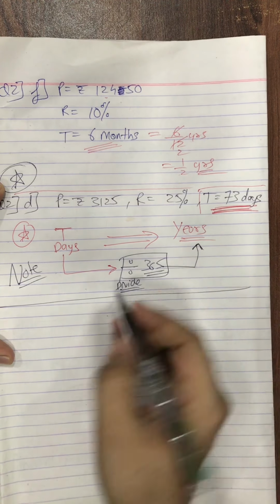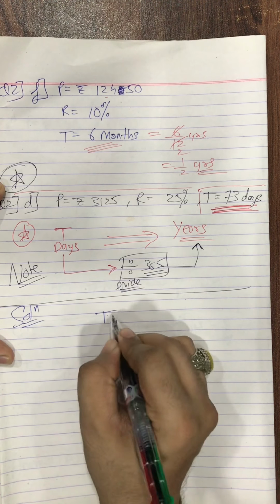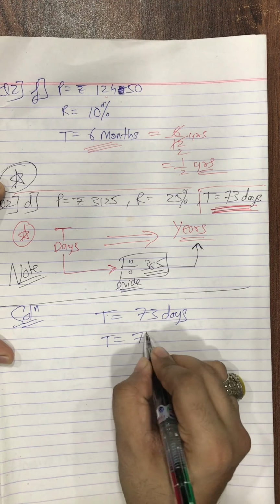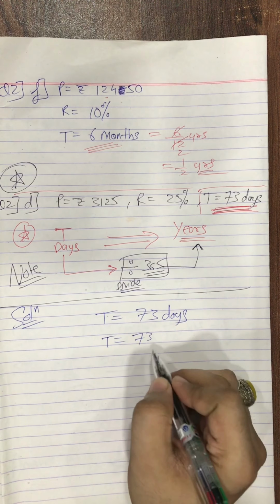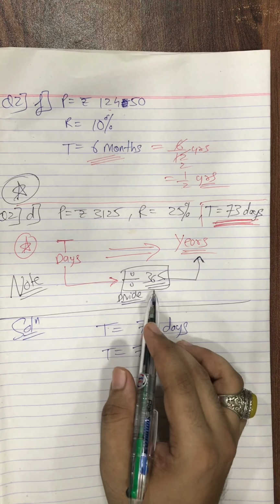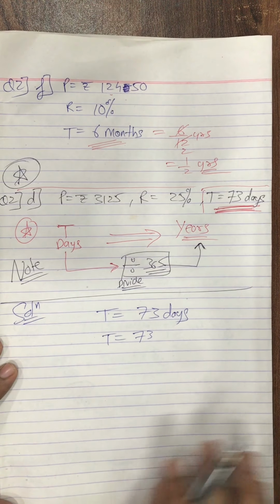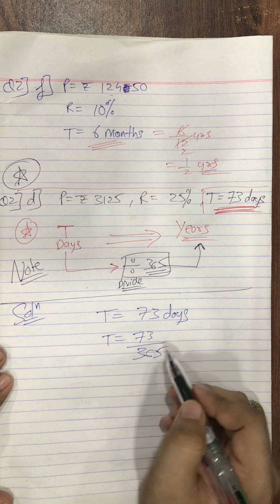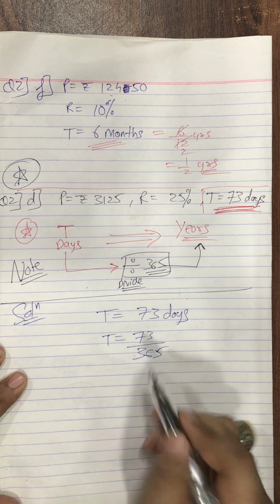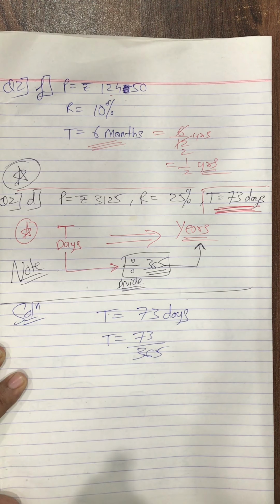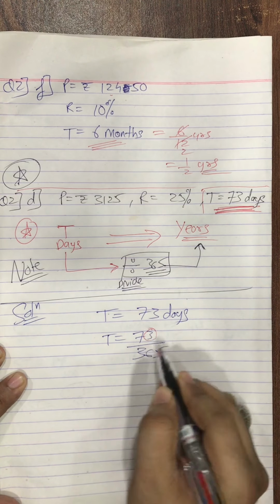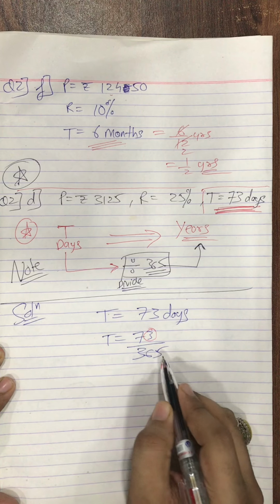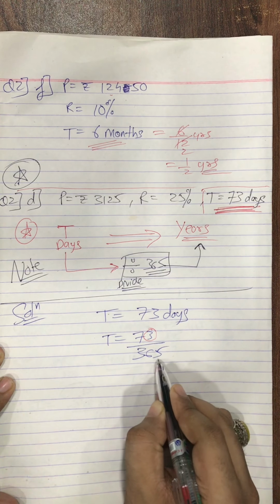Now please pay attention. In this question, I'll start with the solution. The time period is given as 73 days, and because it's given in days, just divide it by 365. There might be cases where this does not cancel, but here I can see I have 3, so I started the 3 times table in my mind. 3 ones are 3, 3 twos are 6, and 3 fives are 15, and here 5 is there.